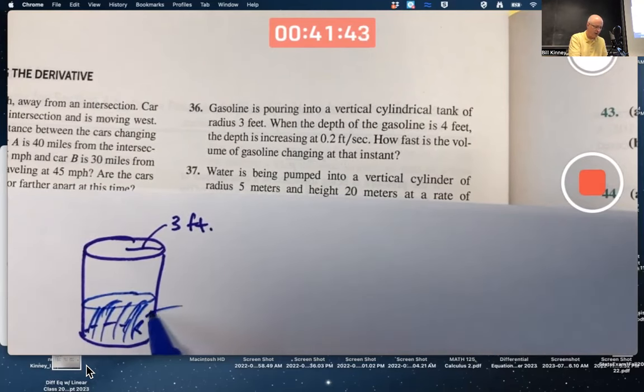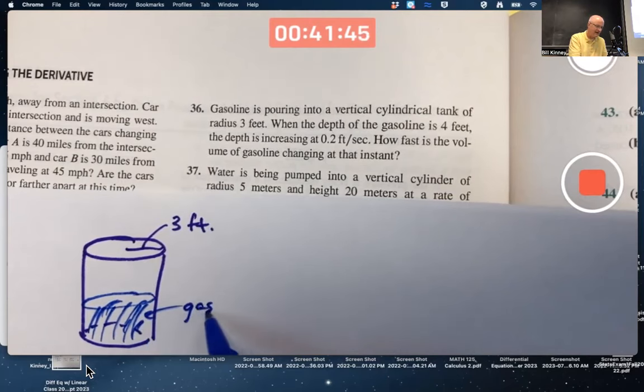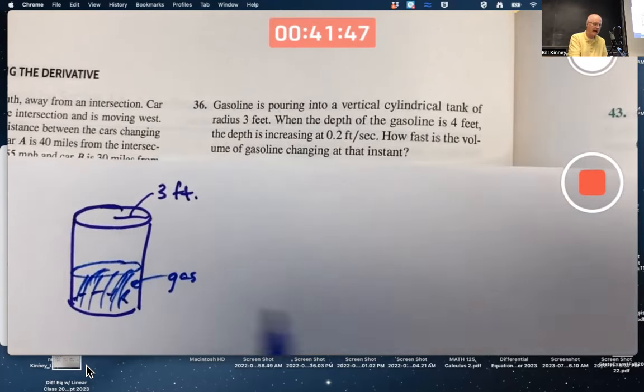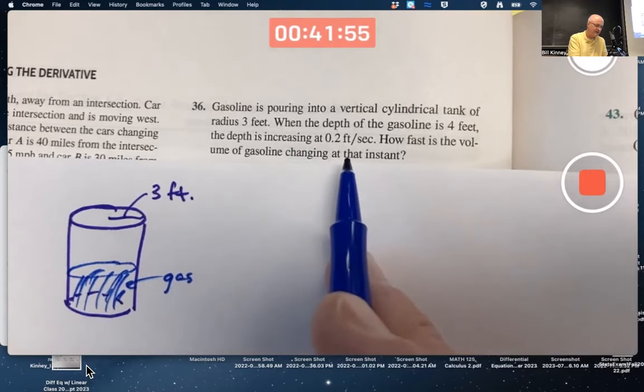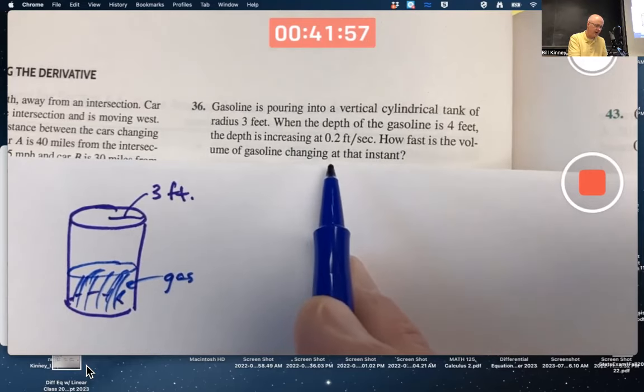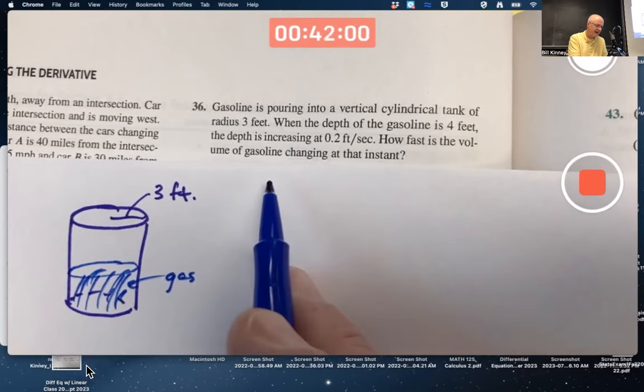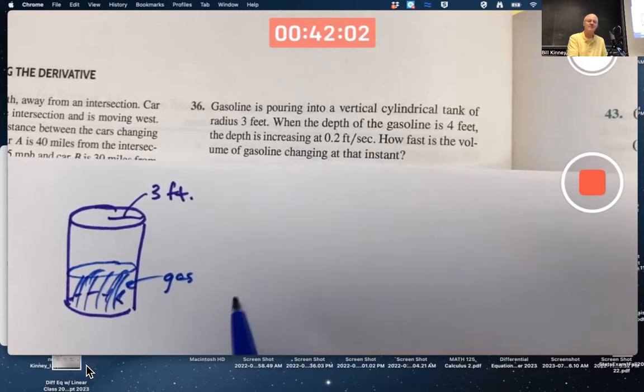Oh, I made it blue as if it's water. Okay, it's not water, it's gas. When the height is 4 feet, the depth is increasing at a certain rate. I guess when the depth is 4 feet, the depth is increasing at that rate. How fast is the volume changing at that instant?